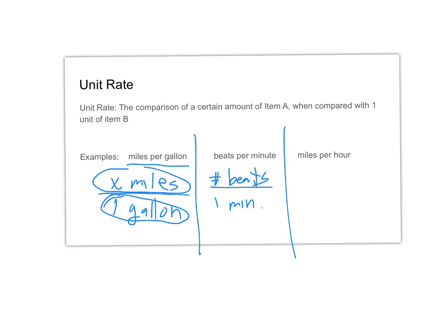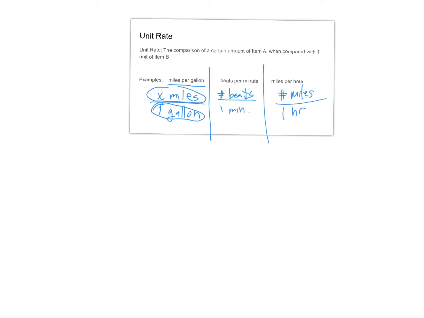All right, moving on. Another one, miles per hour. So we're going to do the number of miles for every 1 hour you travel. Now, you're going to be given stuff like this in your homework tonight. Say you were doing your pay.